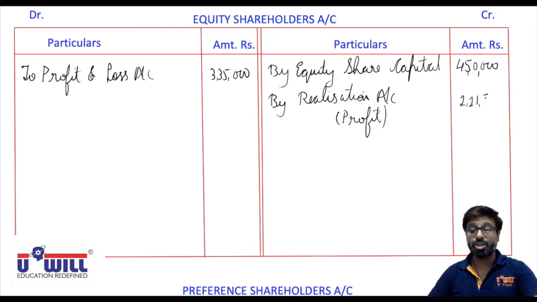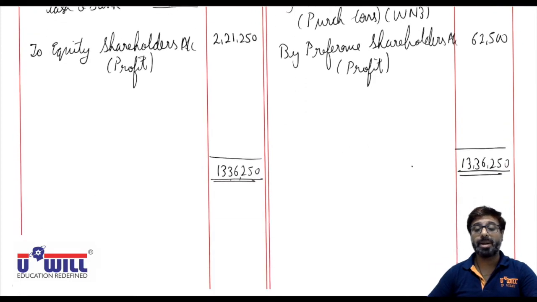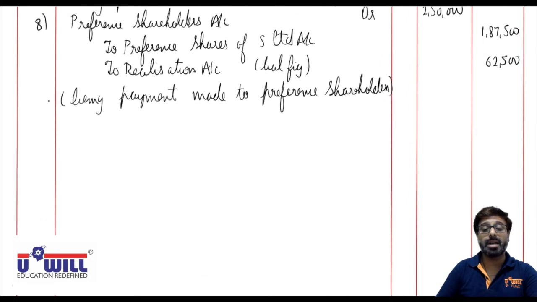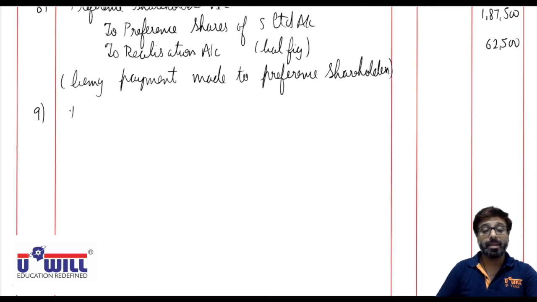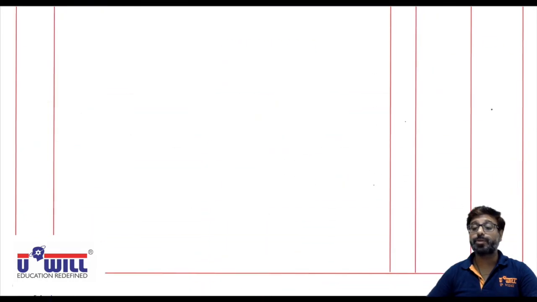Now what will be the journal entry for this? Since in realization account it's on debit side, realization account debit, and equity shareholders it's on credit side, so to equity shareholders account. Okay, ninth entry, realization account debit to equity shareholders account, 2,21,250.